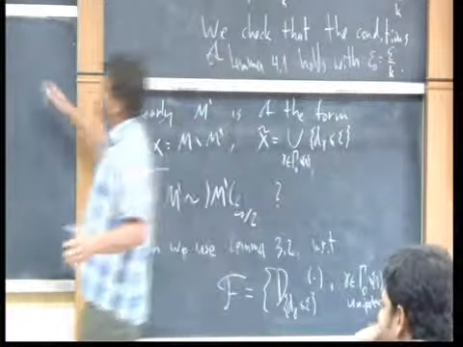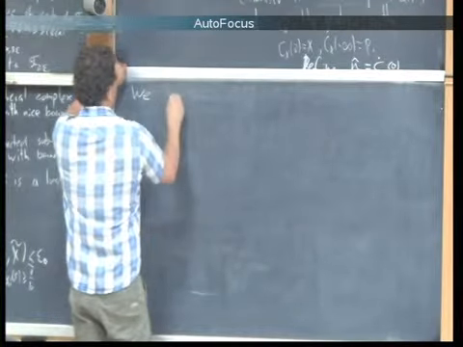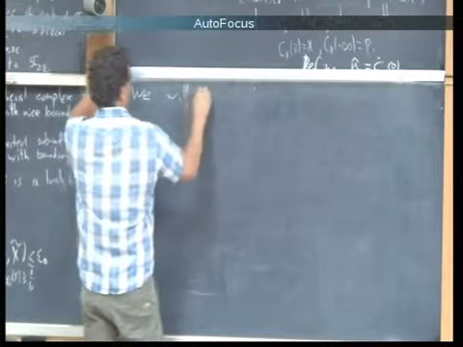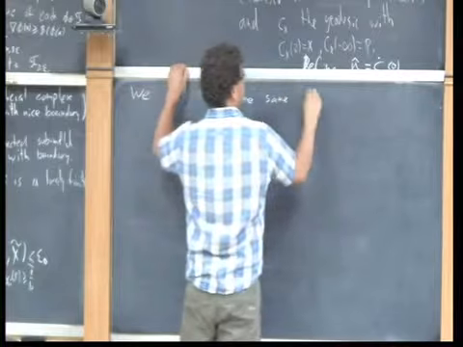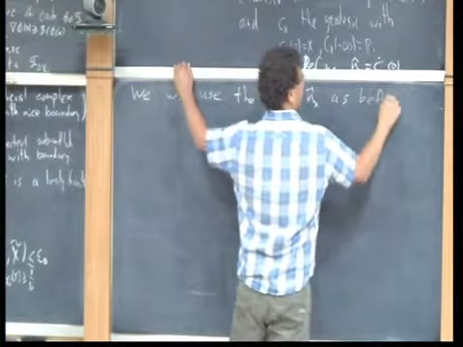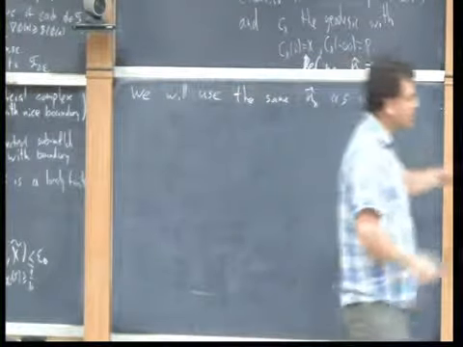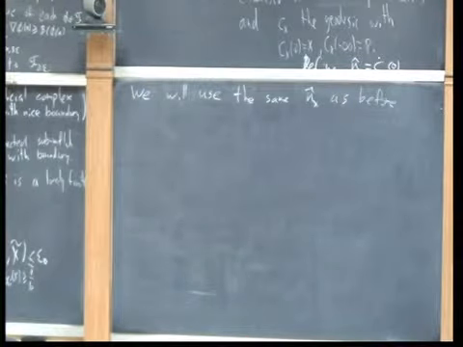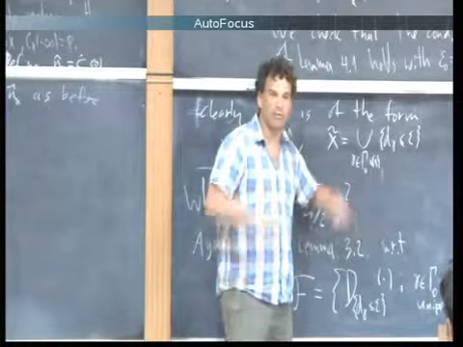So I need to tell you what beta is. We'll use the same nx as before. We have the direction because if I'm close to where the displacement function is less than epsilon, then the displacement function is still small, so it's still connected.